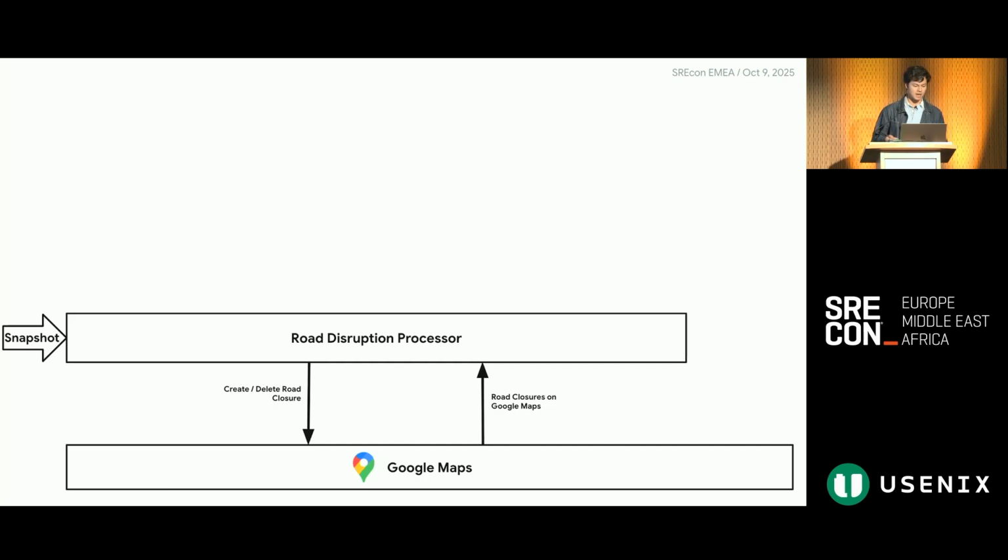And it does so by sending create actions or delete actions, right? You see right there, and it receives feedback from Google Maps, specifically the road closures of it. However, how does the processor know how to change the state of Google Maps? Well, let's add another controller. And this controller owns the responsibility for telling that processor which closures to open or close.